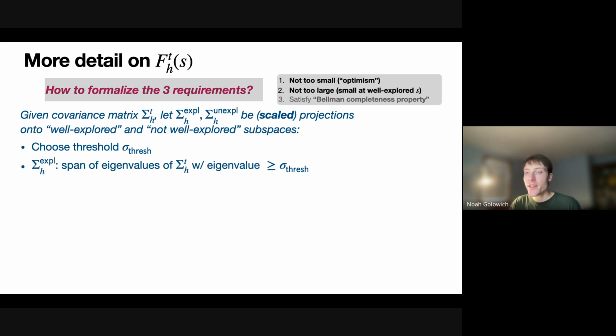We'll let sigma explored be, up to a scalar factor, the projection onto the span of eigenvectors of the covariance matrix sigma_ht with eigenvalue at least sigma threshold. And then sigma unexplored is going to be a scaled projection onto the span of eigenvectors of sigma_ht whose eigenvalue is below this threshold.